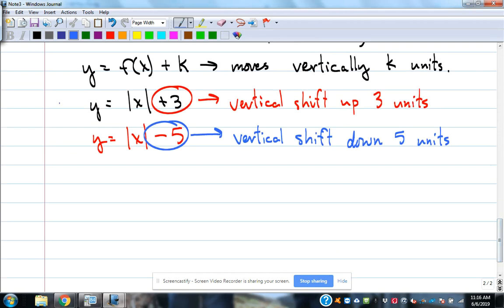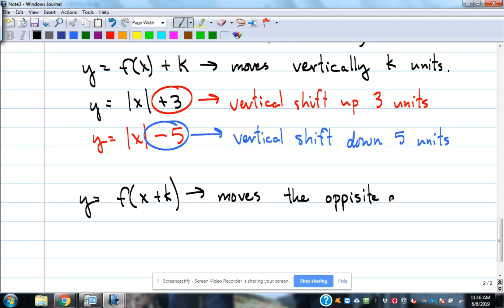On the inside, we have y equals f of x plus k. What that does, since it's on the inside of the function, is move it the opposite direction k units. What do I mean by that?